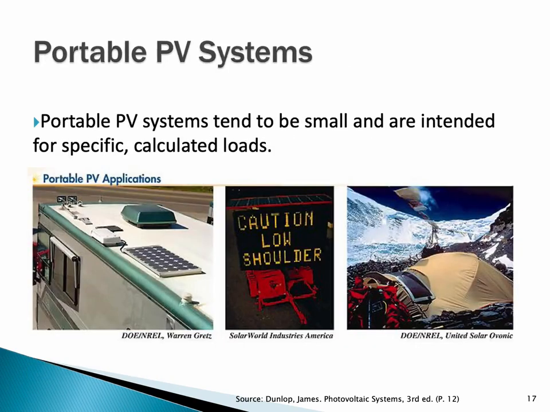We also have portable systems. A big market for small systems is RVs. RVs already have a battery system and an inverter. So they'll pull into an RV site, plug in, charge up those batteries, and then live off those batteries to run appliances in the RV.